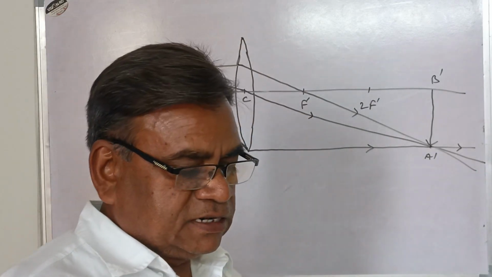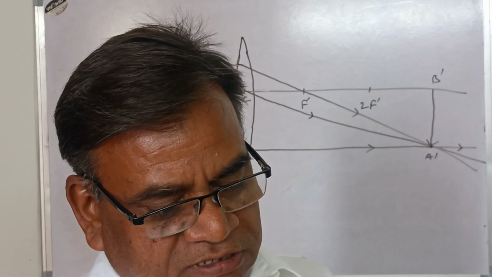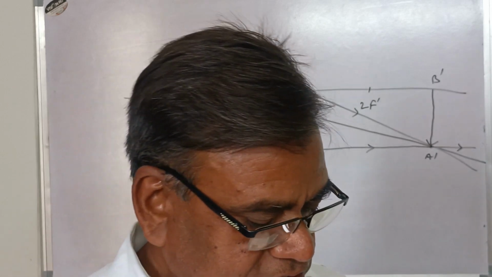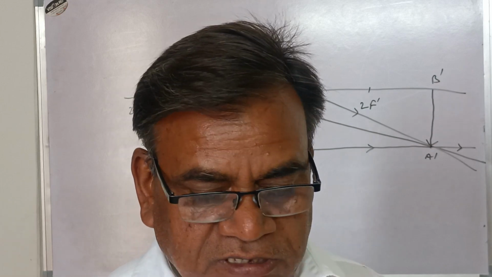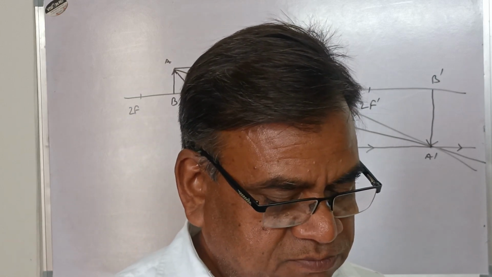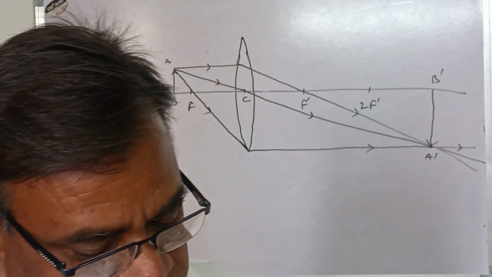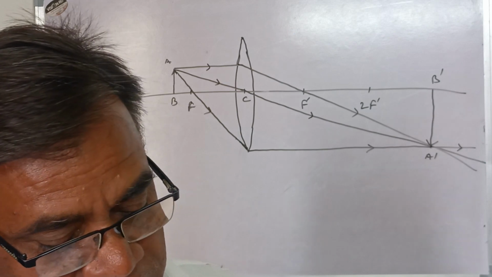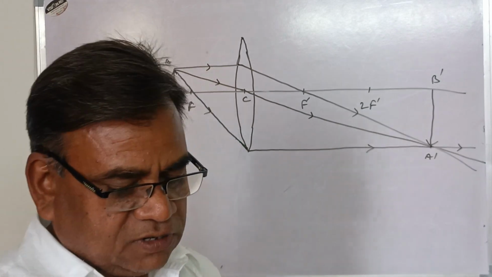Now, in the next class, we will take some higher thinking questions, tough and typical questions about image formation by the convex lens. Also, we will discuss image formation by the concave lens and the formula.